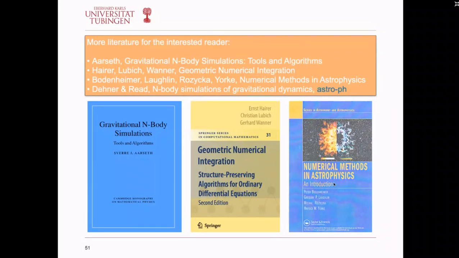It's an introduction, I would say. So if you want to go deeper into the whole problem, then you will also have to look at the Gravitational N-Body Simulations or the geometric numerical integration book. Then there's also the link to the Dehnen and Read paper, N-body simulations of gravitational dynamics. It's a nice review paper if you're interested.